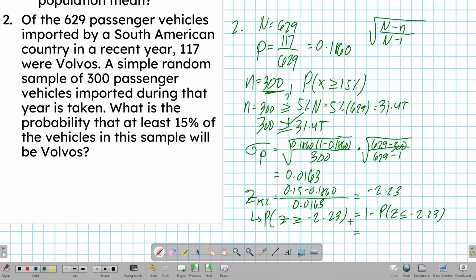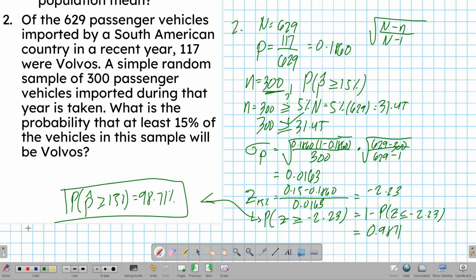And once you compute it, we actually get 0.9871, which tells us that the probability that the sample proportion would be at least 15%, that this is actually the better symbol, the proportion, would be 98.71%. So those are the concepts of the sampling distribution of the proportion and the finite population correction.